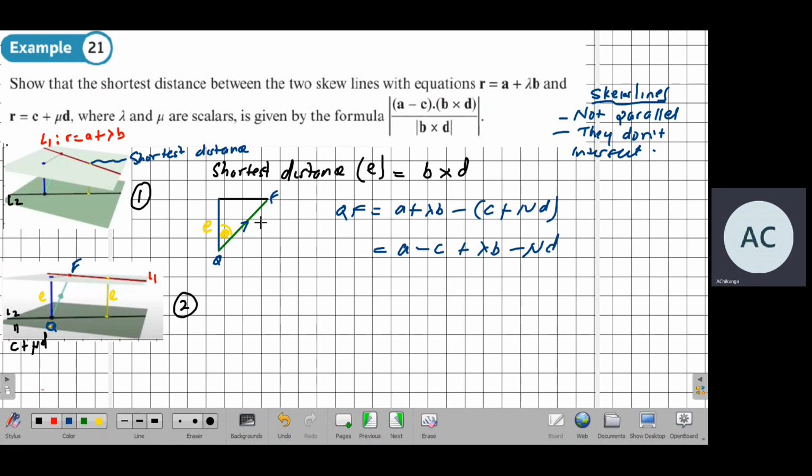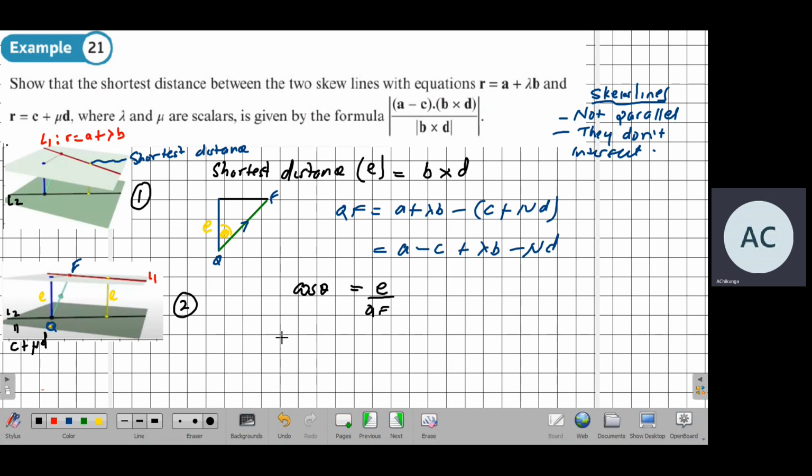Now basic trigonometry tells us that cos theta, because it's adjacent over hypotenuse, is E divided by QF.